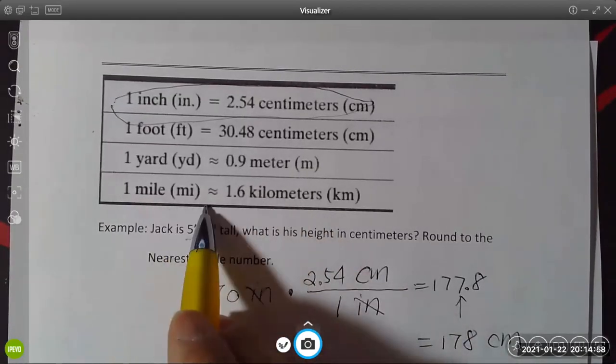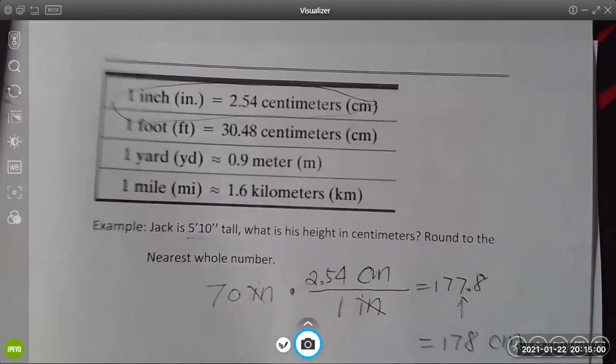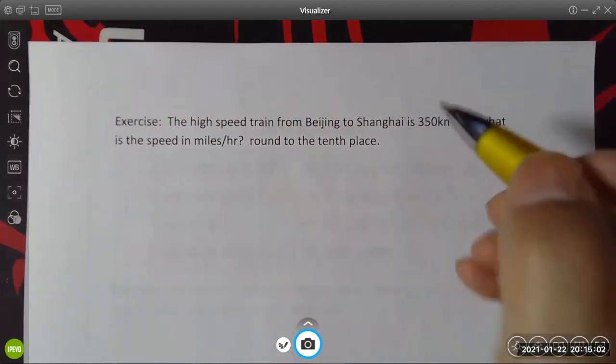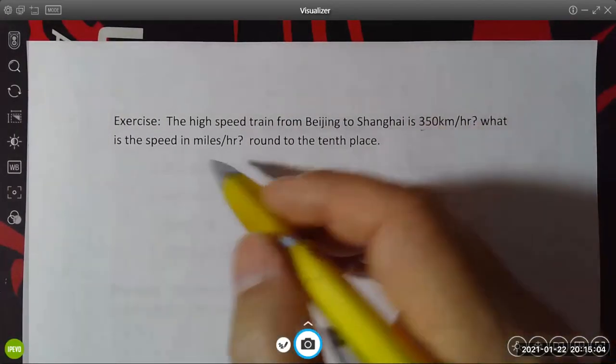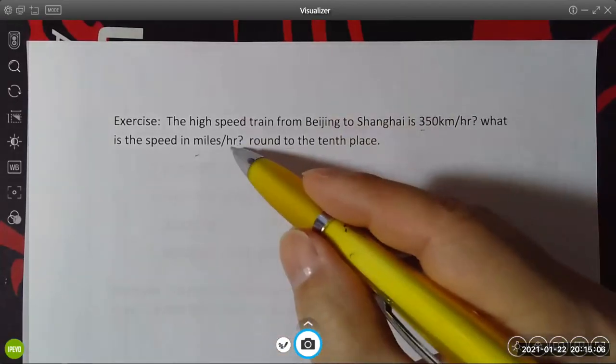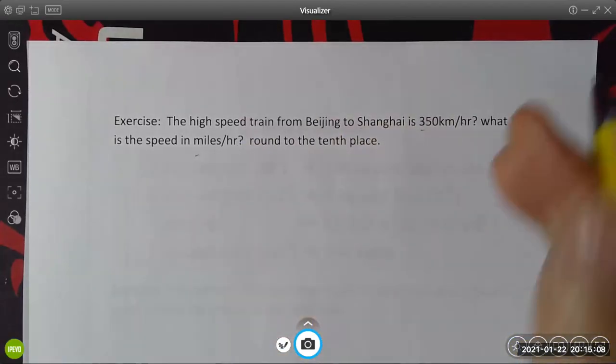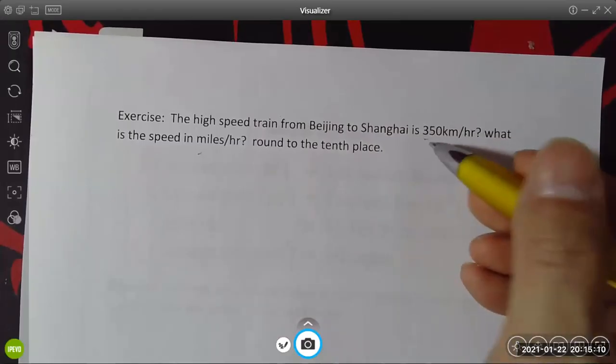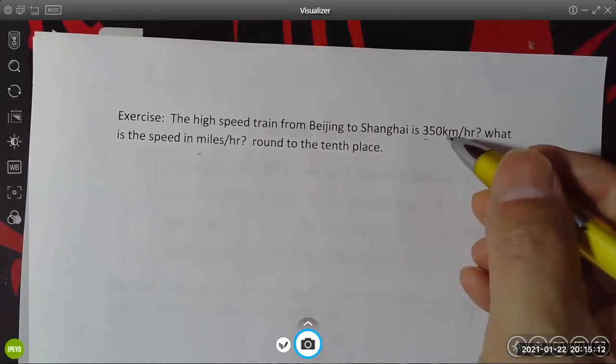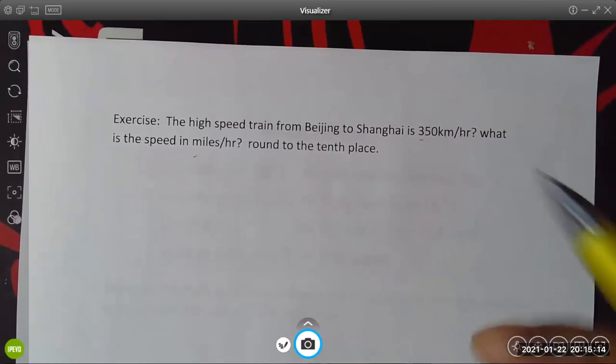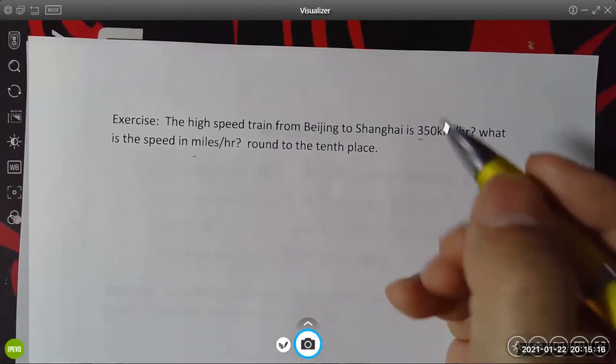So 1 mile equals 1.6 kilometers. So we only need to convert from kilometers to mile, because per hour are the same. We don't need to convert the time. By the way, this number is like a real number, and this is not something just randomly written. Okay, now let's do that.